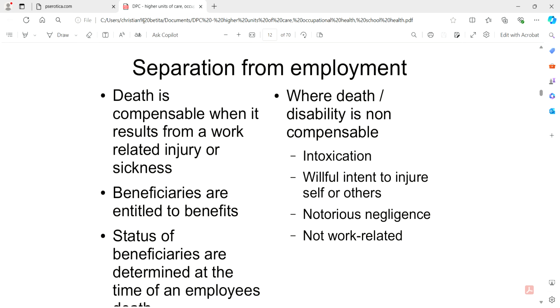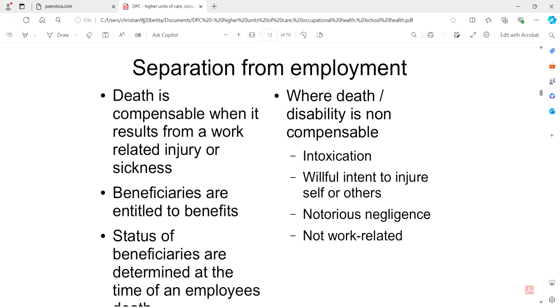Separation from employment. So there are two kinds here. One is to determine cause of death in situations wherein your patient had died. The second is if a patient had been disabled. And the third situation is where a worker leaves employment. Okay.